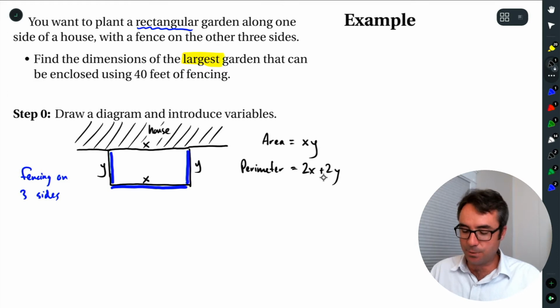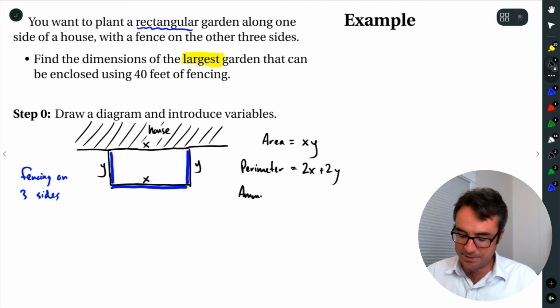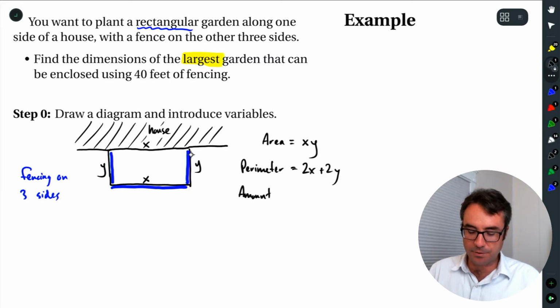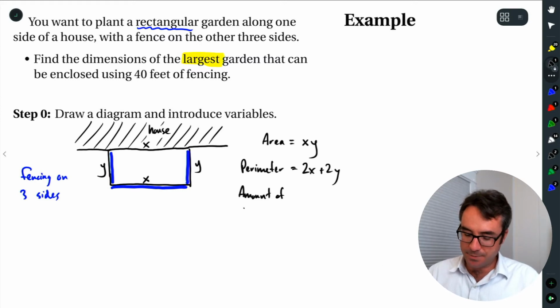So we're not worried about the entire perimeter because there's this one missing side. This is a slightly varied calculation, not entirely the perimeter. We're looking at the perimeter of the three sides we're actually interested in. So we'll call this the amount of fencing.